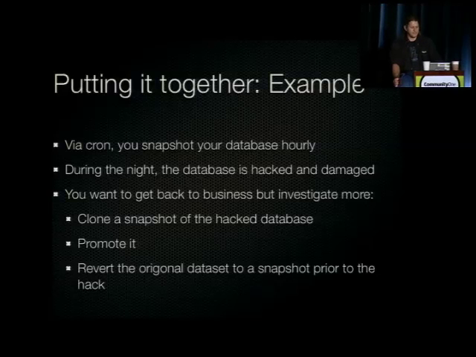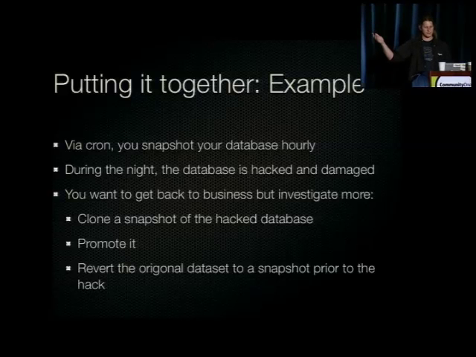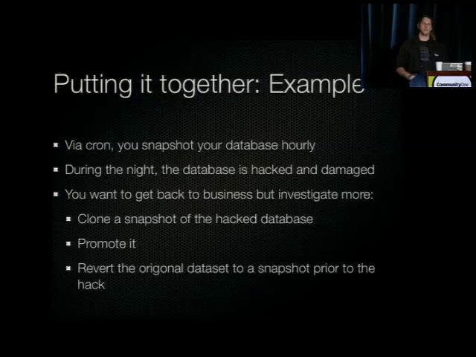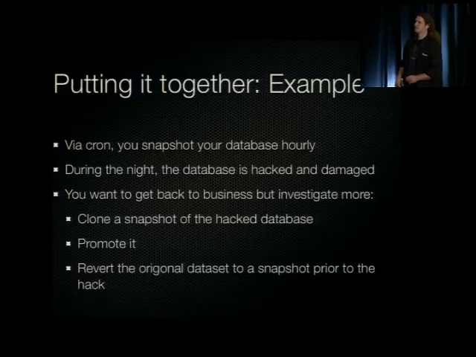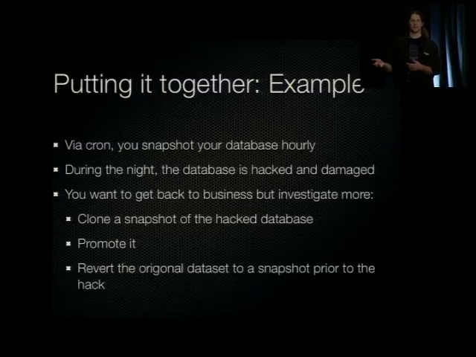Common situation. So what you could do is clone the snapshot of the database in a hacked state and then promote it so it's autonomous, and then revert the original back to a point in time prior to the hack. Okay? You get that? So you take your snapshot that's busted, you clone it, and then you want to roll back.